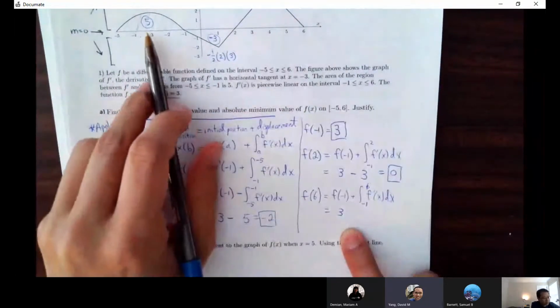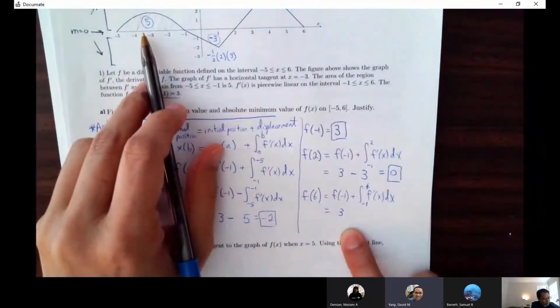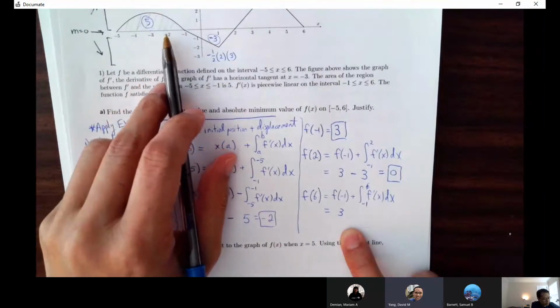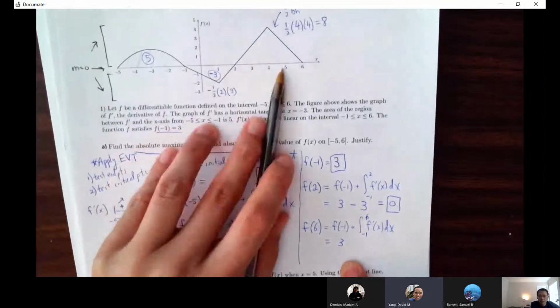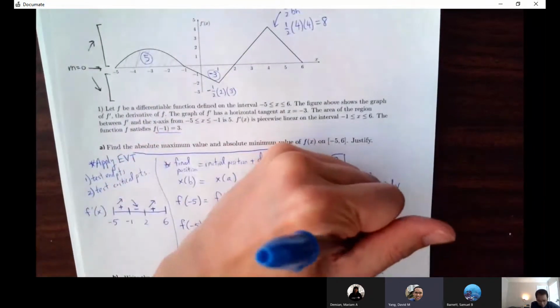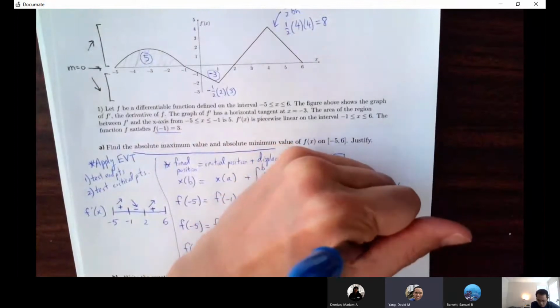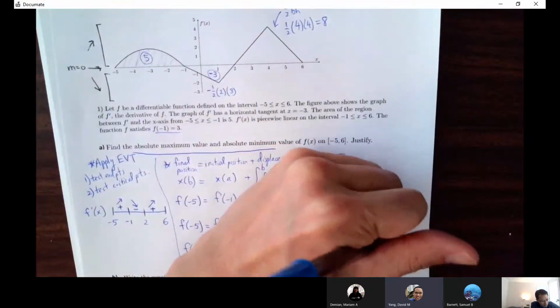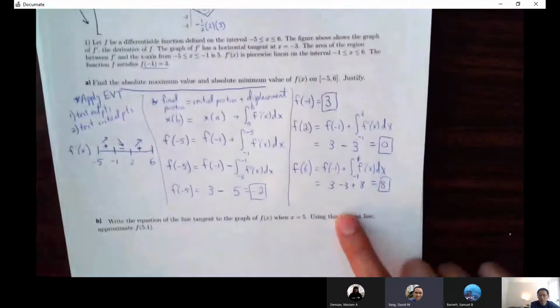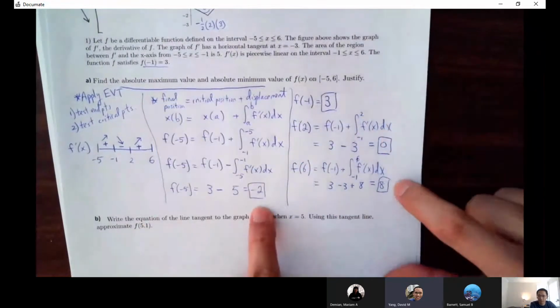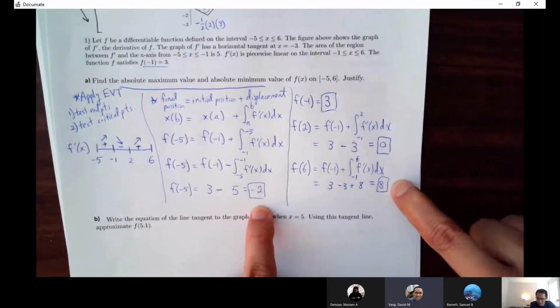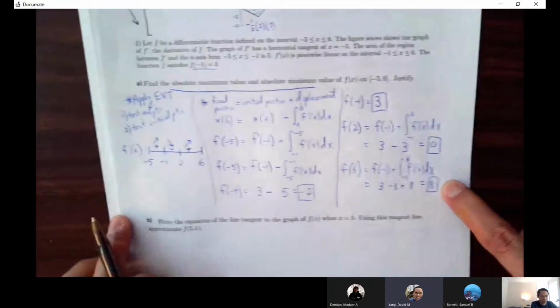So 3 minus 3 plus 8. All right, so we have 4 values to compare. We want the absolute max, which is going to be the highest y value, and the absolute min, which is going to be the lowest y value. So I'll move this over here.